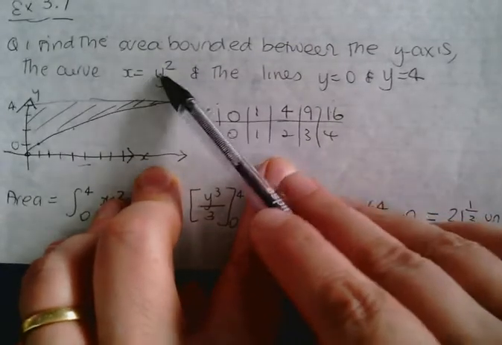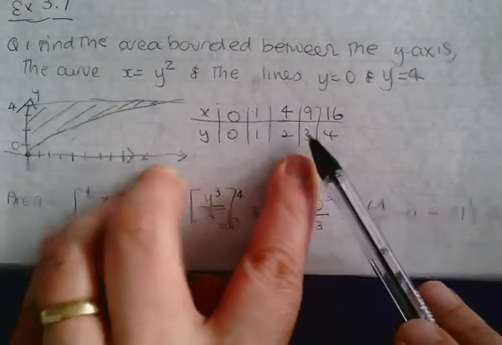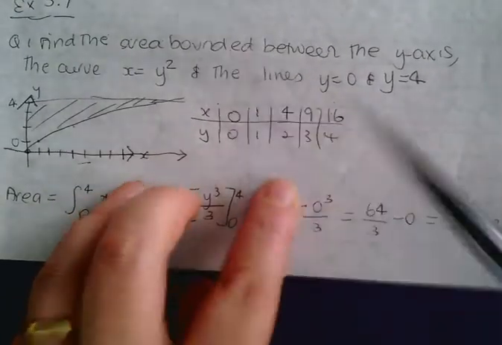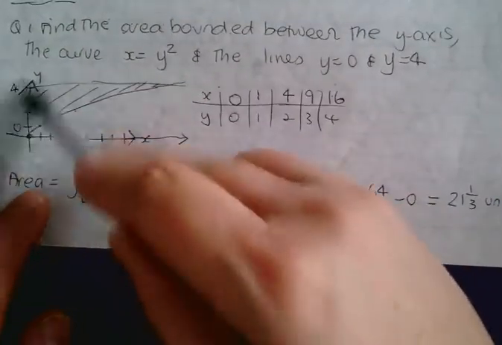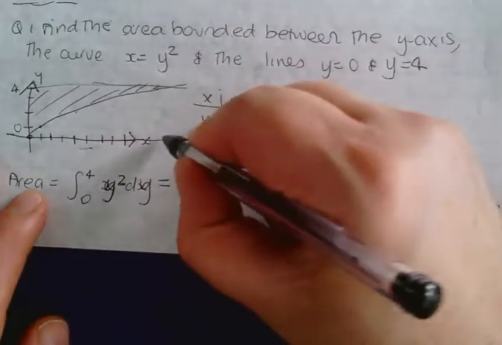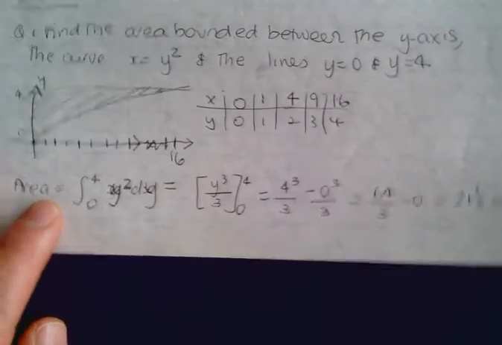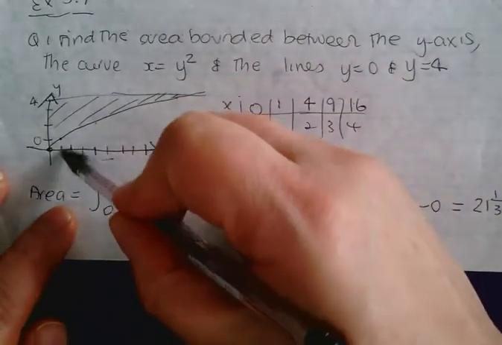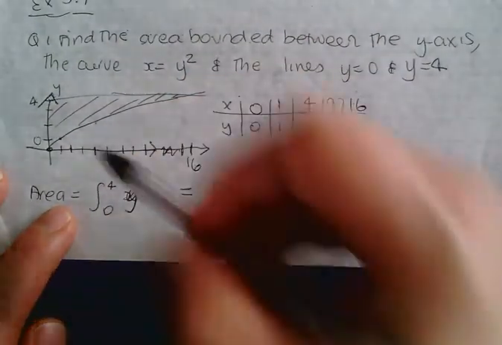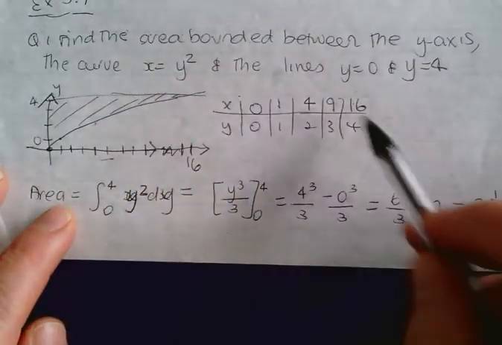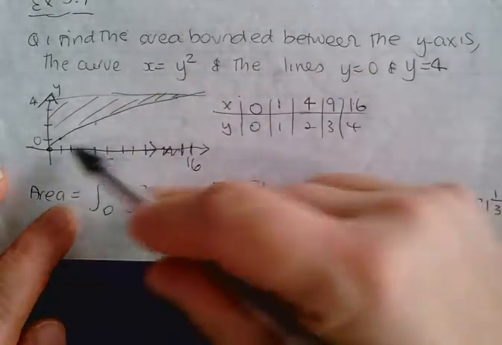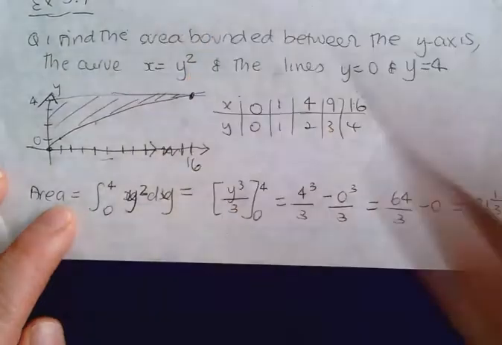When y is 2, 2 squared is 4. When y is 3, 3 squared is 9. So what I've done is just plotted. Right, I've got 16 about there. It's not anything accurate. I've got 0, 0, 1, 1. When x is 4, y is 2. When x is 9, y is 3. When x is 16, y is 4.